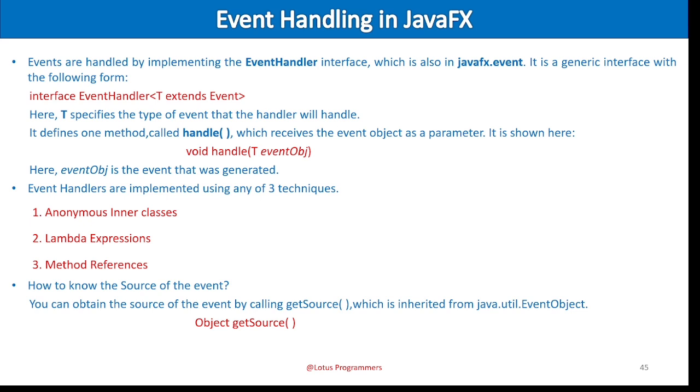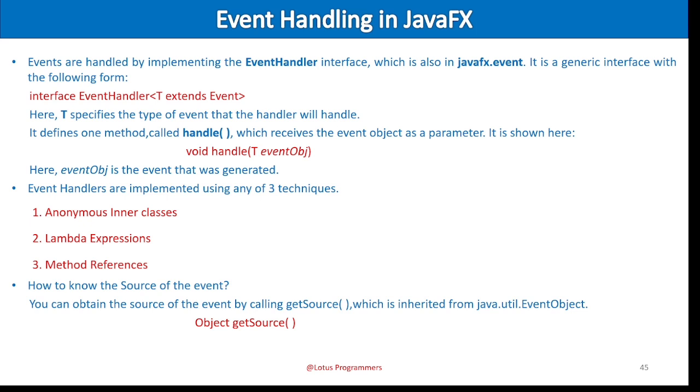In that handle method, we define the code for how the event is handled. The event handlers in JavaFX programming are defined in three different techniques. One is anonymous inner classes, second is lambda expressions, third is method references.